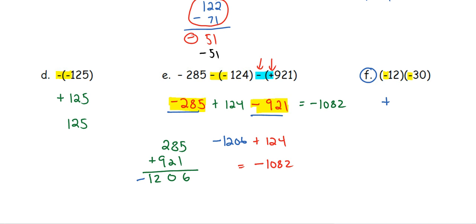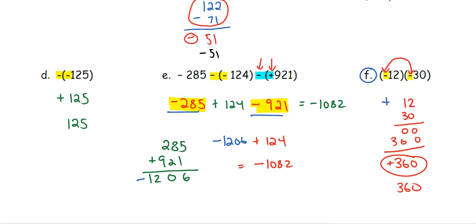Since 2 is an even number, your final answer will be positive. So all you have to do now is just do 12 times 30. That's going to give you a 6 and a 3. So your final answer here should be positive 360, or just plain 360.